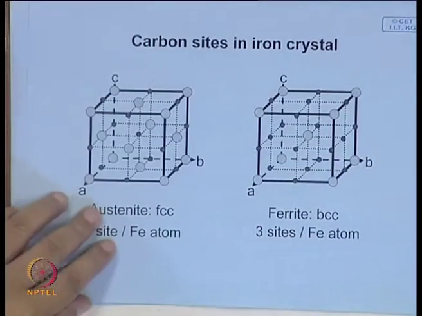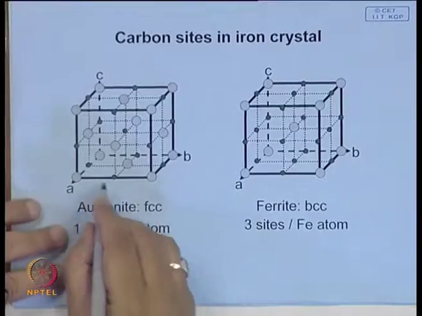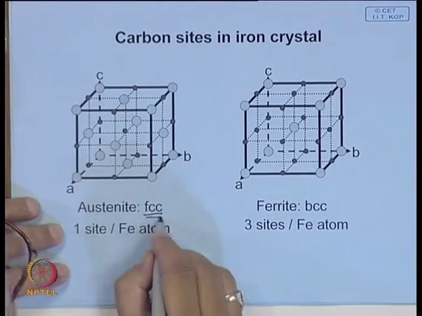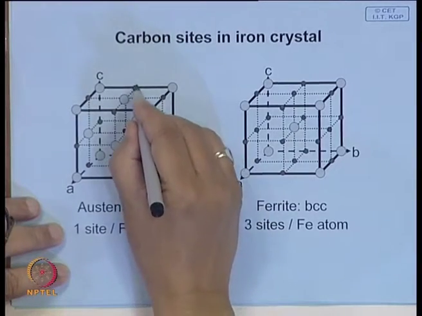Now, the question comes, why is it so hard? What happens? Where does this carbon atom go if you cool it very fast? That answer lies in the crystal structure and the atomic size of the iron atom and carbon atom. If you look back at these figures, this is an austenite structure, you have face centered cubic, and these are the potential sites.